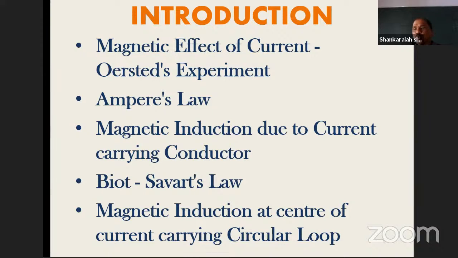And it is inversely proportional to the square of the distance between the element and point P. Simply, dB is proportional to I dl sine theta divided by r square.